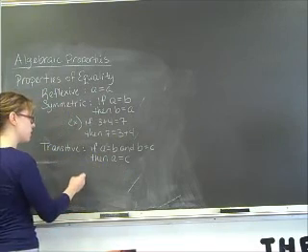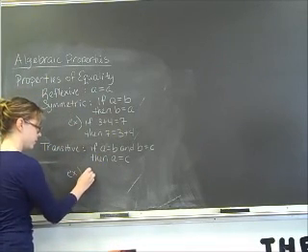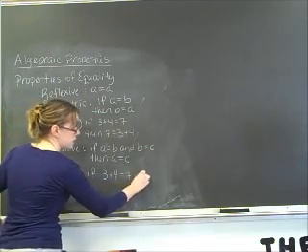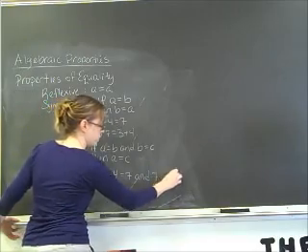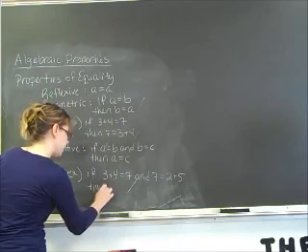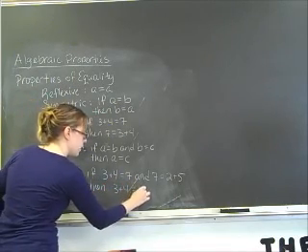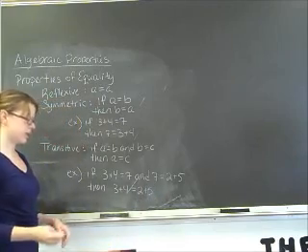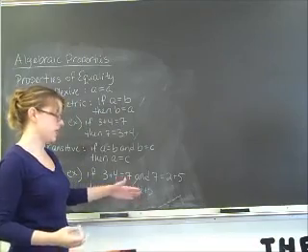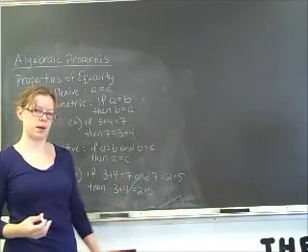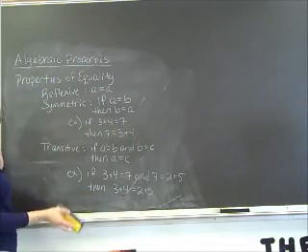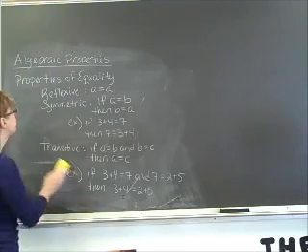So again, to give you a number example, if 3 plus 4 equals 7, and 7 equals 2 plus 5, then you can jump over the 7, and you know that 3 plus 4 must equal 2 plus 5. It's a pretty cool property because we see that there's nothing repeated on the left and the right, and yet we know they equal each other because of the transitive property. Again, make sure to pause the video if you need more time to write stuff down.